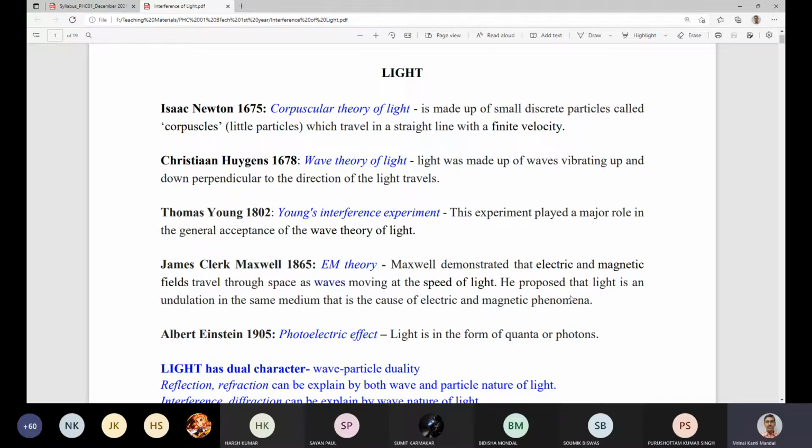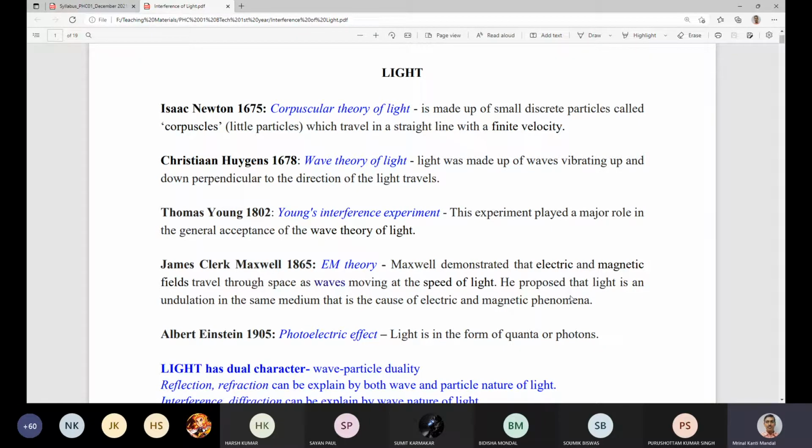So basically, in the time of Newton, a particular theory for the investigation of light was established, and that is known as the corpuscular theory of light. That theory was also developed by Newton.